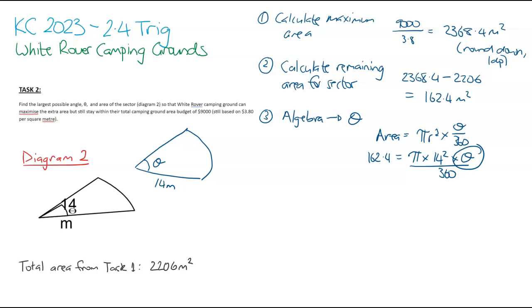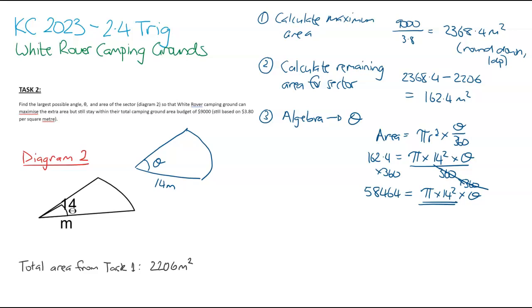I'm going to use some algebra to work backwards to find that out. I'm going to start by going times 360 on both sides, and that will cancel out the division. That got me to quite a big number, 58,464, and that will be equal to pi times 14 squared times the angle.